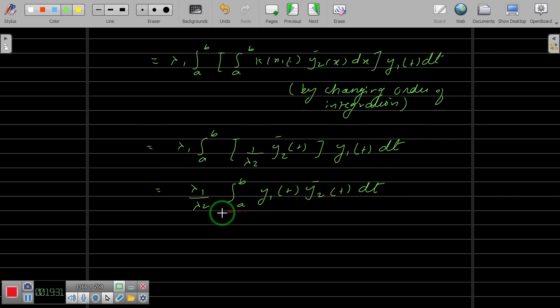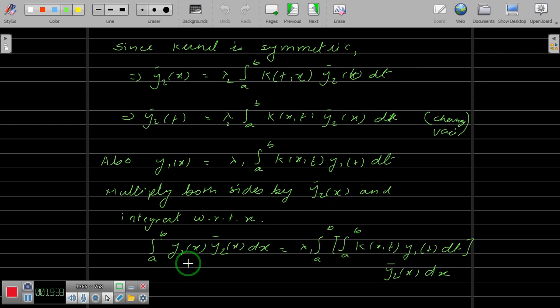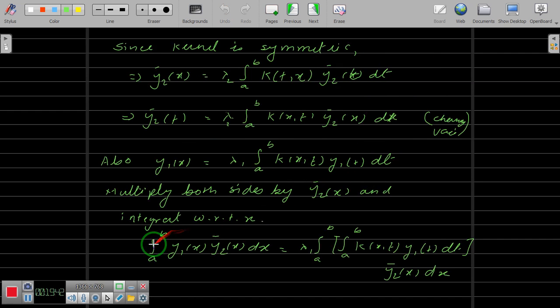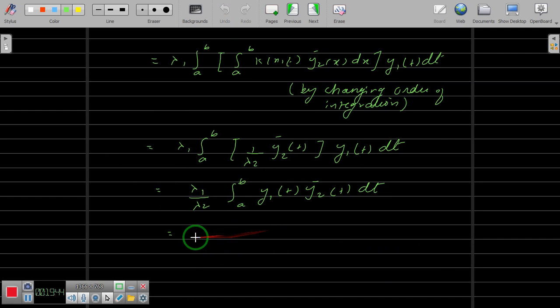And when you see your left hand side, it is also the same. You can change the variable here, it's a dummy variable, so let me write x only: lambda 1 by lambda 2 integral a to b y1 of x y2 bar of x dx.